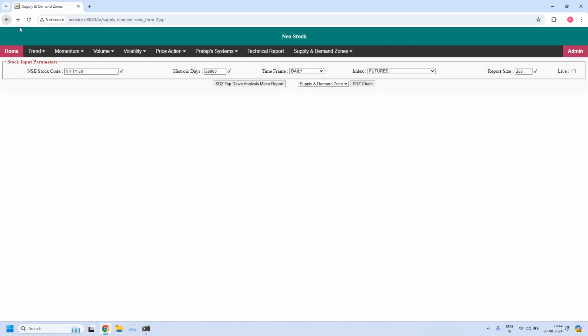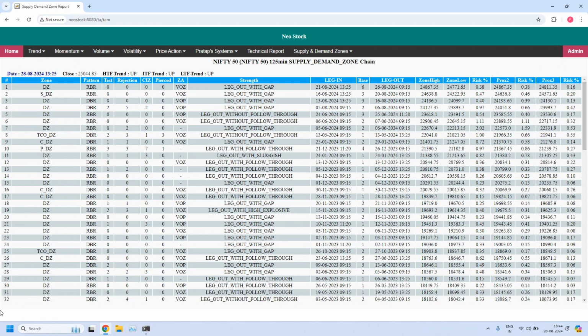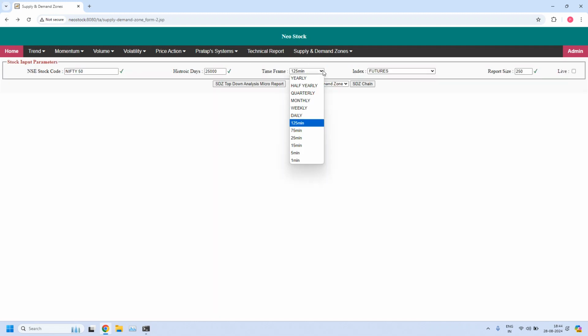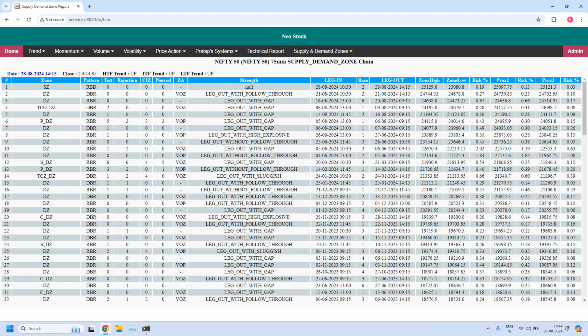The next time frame is 125 minutes, generating 125 minute supply demand zone chain for NIFTY. The next time frame is 75 minutes. I am generating 75 minute supply demand zone chain for NIFTY.